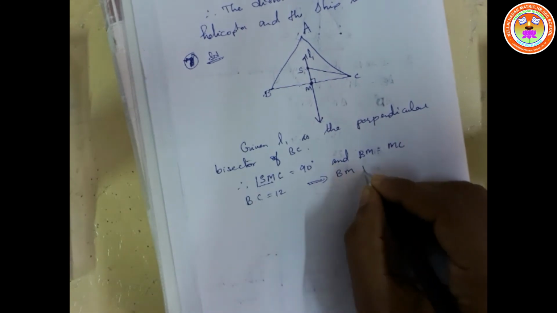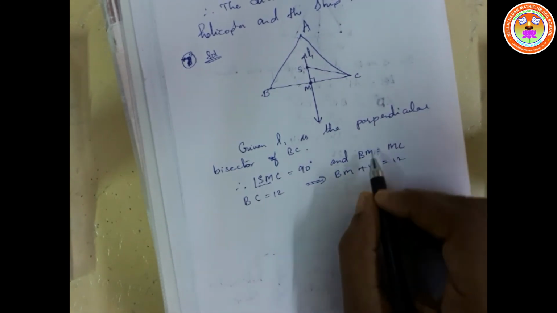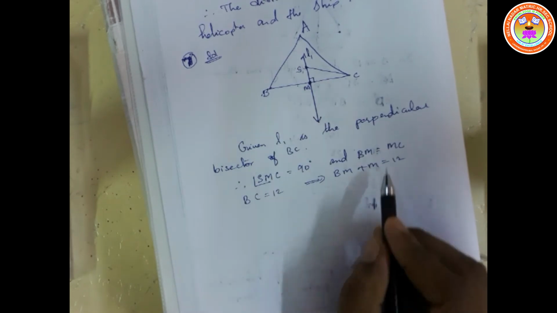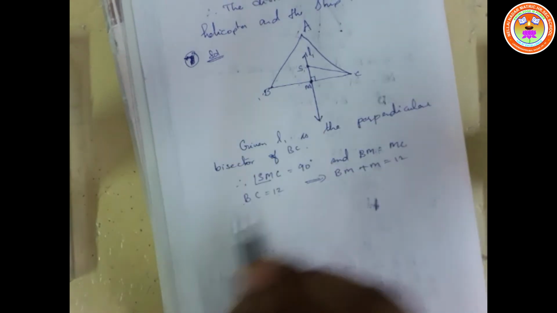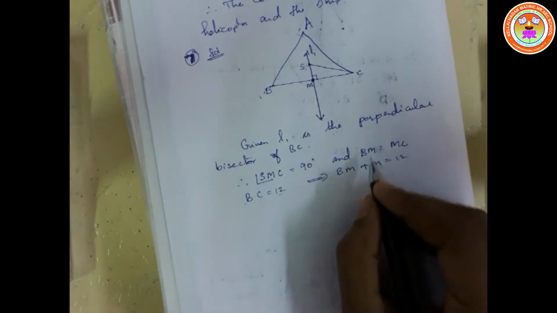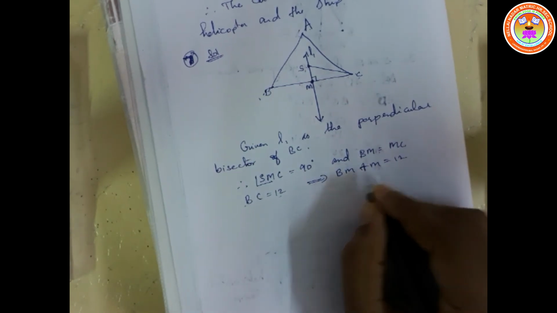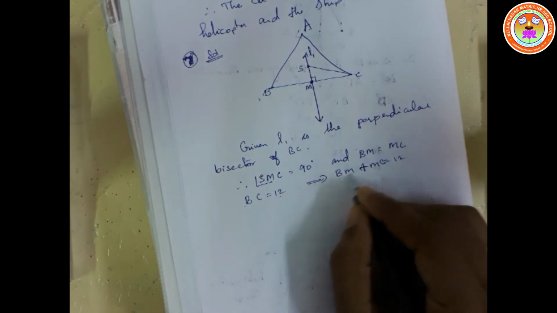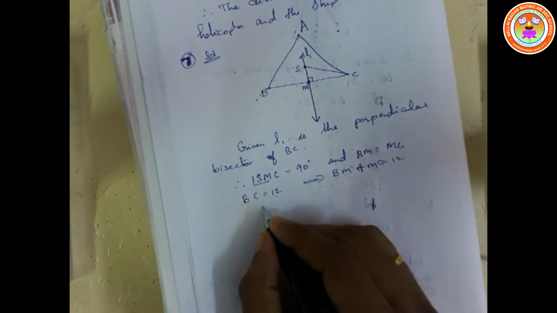BM plus MC is equal to 12. If you add BM plus MC, we are getting 12 because the full length BC is 12. It's given in the question itself. Now, since BM and MC are equal, in place of BM I am going to substitute MC.